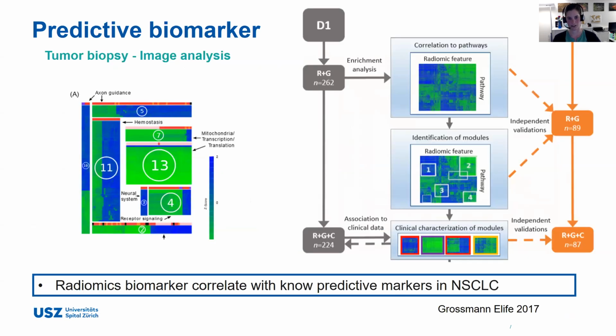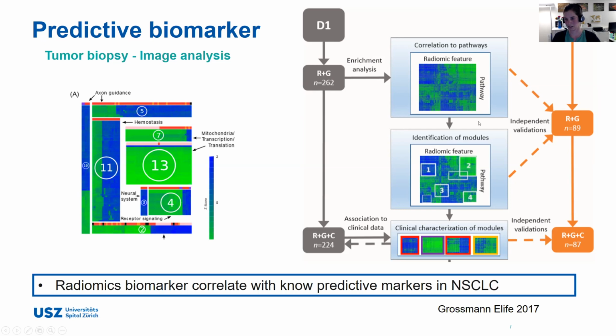But there are certain studies that try to correlate the appearance of the tumor with molecular pathways. So there's, for example, this study from Grossman, which they did in non-small cell lung cancer, and they correlated radiomics features to molecular pathways. Then, based on this correlation map, they did a clustering, and they defined 13 distinct clusters inside this correlation analysis.